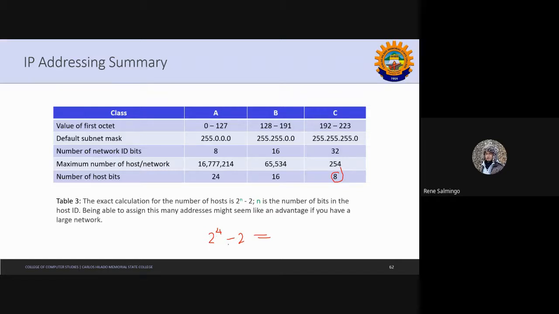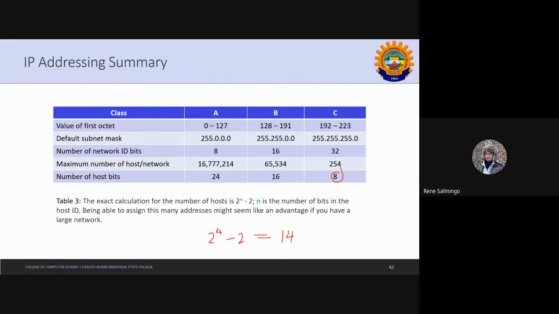2 to the 4 minus 2 is how much? 2 times 2, 4, times 2, 8, 8 times 2, so you have 16. 16 minus 2, is it correct, 14?